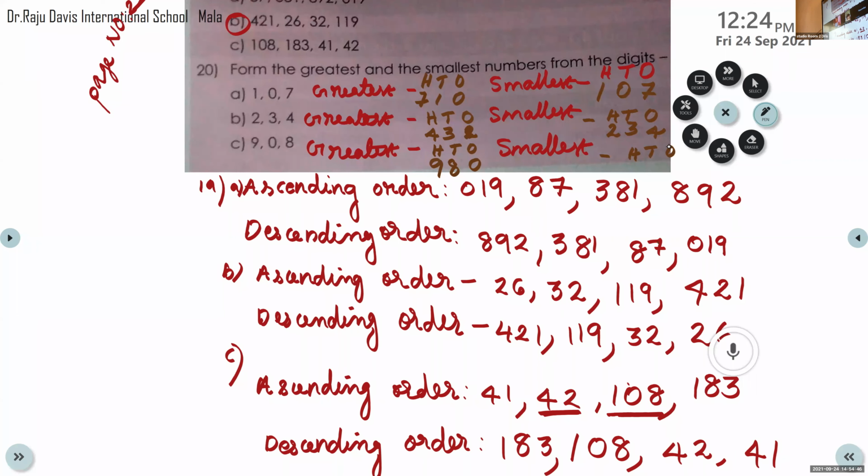I told you in the beginning. 800 and 809. Now it's correct. 0 we have to write in tens place. After that, 9 is there, 8 is there. In that, 8 is the smallest. And after that, we can write 9. So 809 is the smallest number.